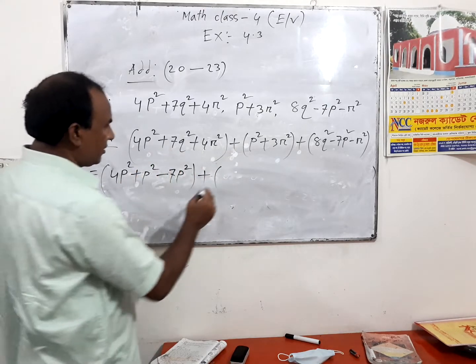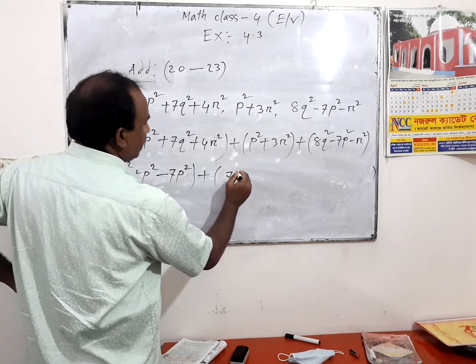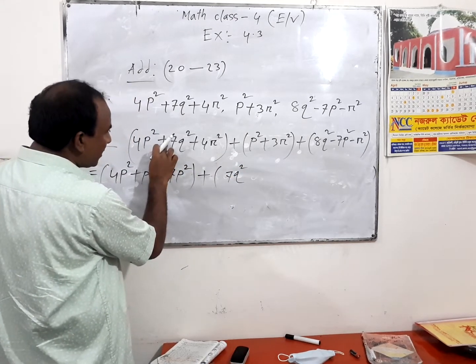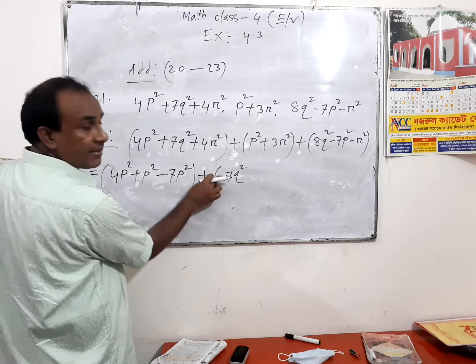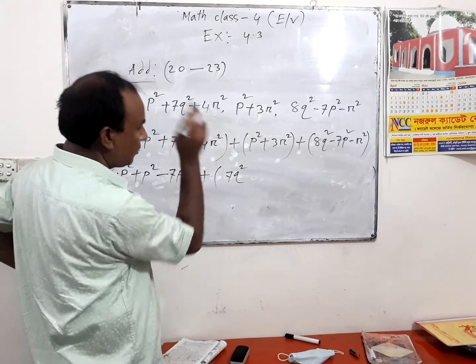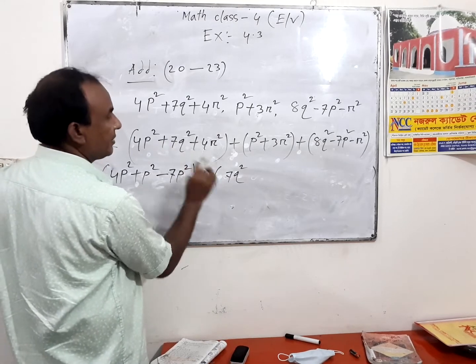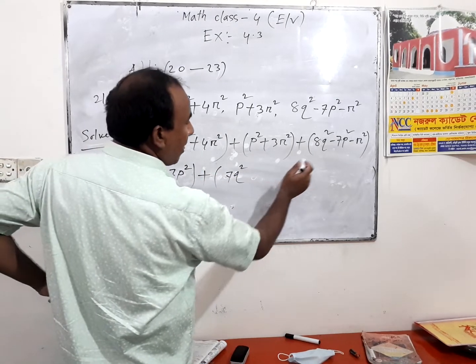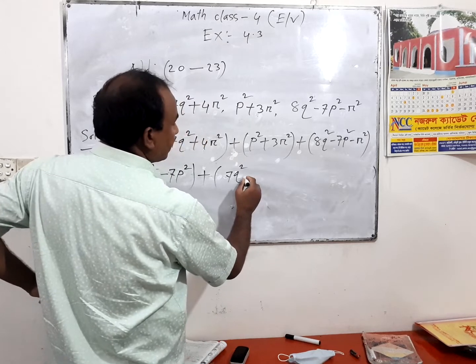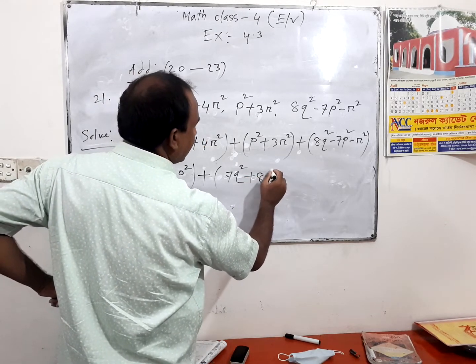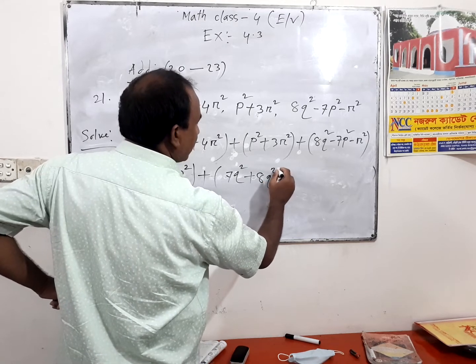Now I am going to q square. I write 7q square, but I should not put the plus sign here, though we have to keep in mind that the plus sign is here. And plus 8q square.